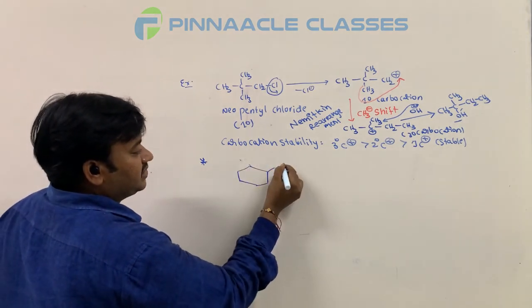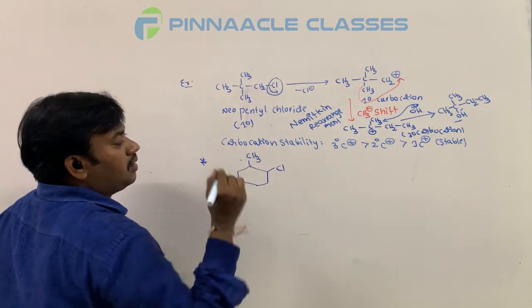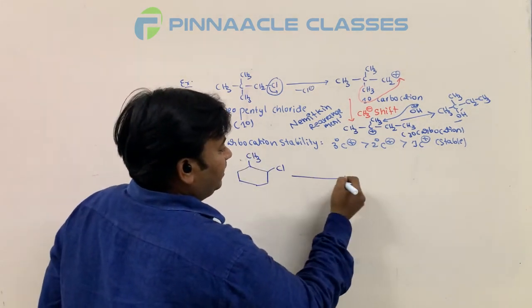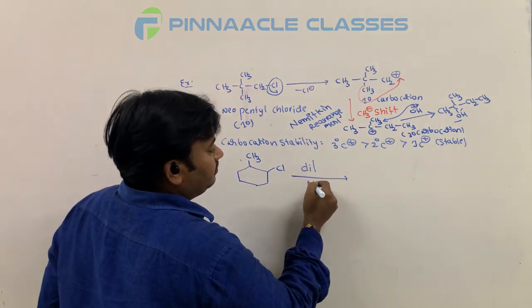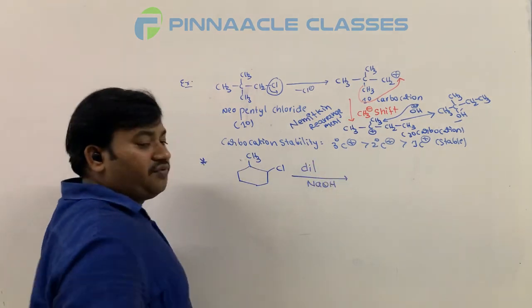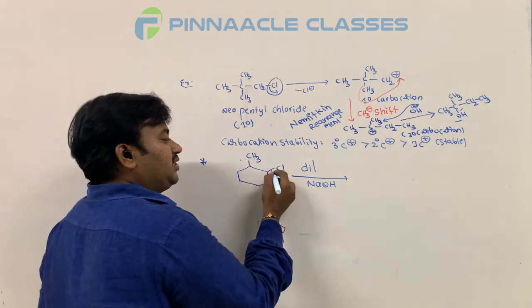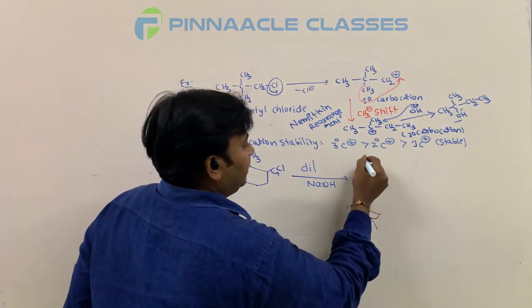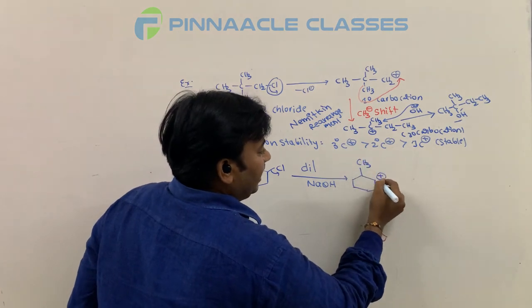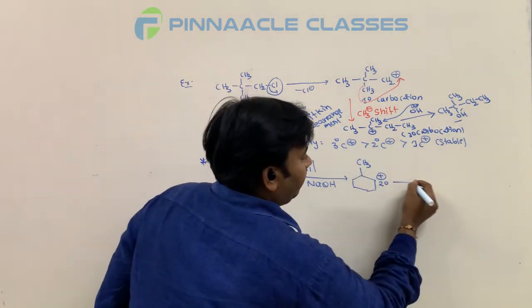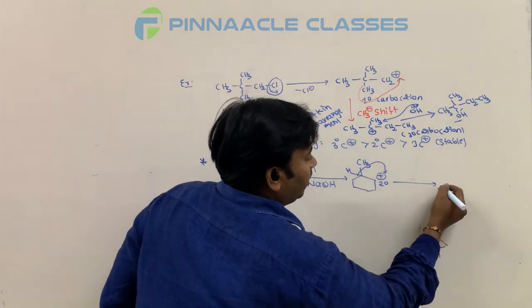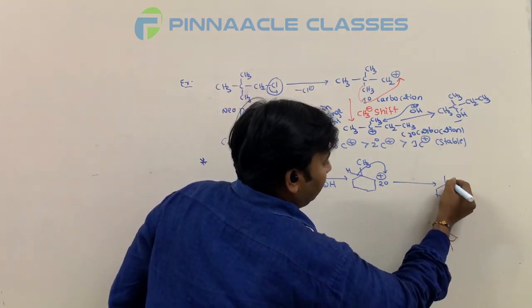I am taking 1-chloro-1-methylcyclohexane. When it is reacted with dilute NaOH, see what kind of product will form. When you follow the mechanism, you will get a carbocation. This carbocation is secondary, and a hydride will shift towards it, so you get a migration of the carbocation.